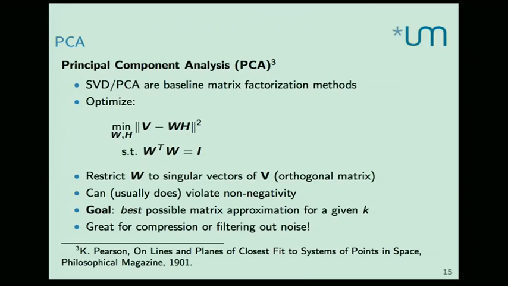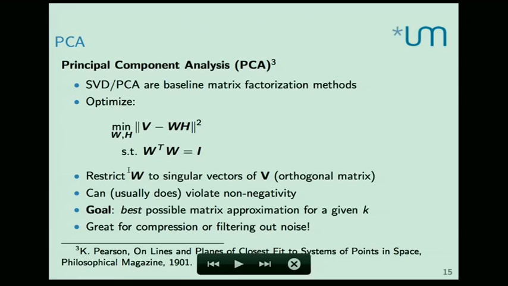Other methods, for example, PCA, I think is probably the most well-known matrix factorization method that exists, or SVD. And there, again, the task is almost the same. So again, you would like to find the best possible approximation of V by the dot product of W and H. But in the case of PCA, the constraints that you impose on the factorization are completely different.